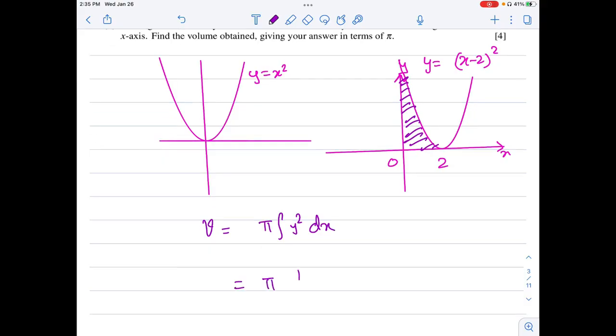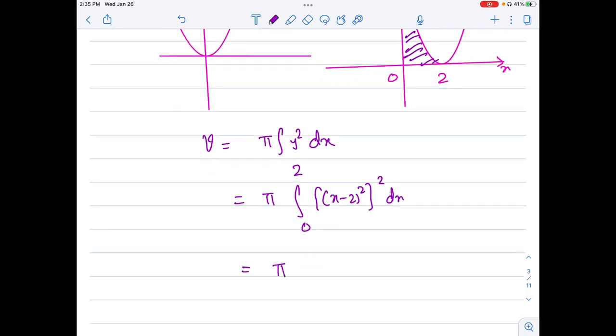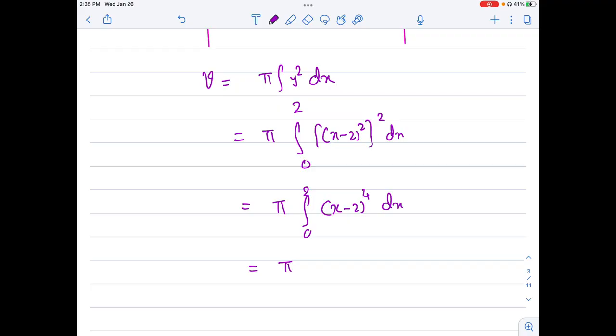So it is pi integral, y is x minus 2 whole square, so whole square dx. What are the limits? The starting limit is 0 and the ending limit is 2, so 0 to 2. So it becomes pi integral 0 to 2 of x minus 2 whole to the power of 4 dx.